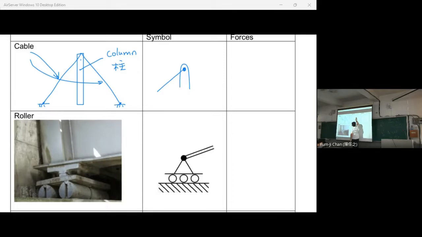For this column, it can be moved in this direction because this cable can move with it. It can move in this direction, but because the cable has tension, it cannot move in this direction. Okay, so it can be moved here, but it cannot be moved there.